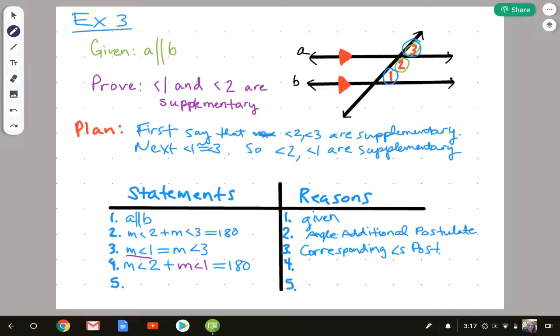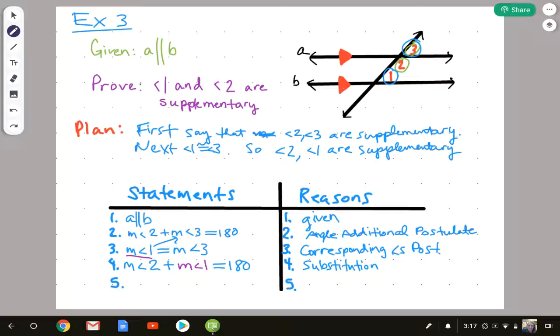So all I did was take measure of angle 1 and put it in place of measure of angle 3. So that's my substitution. And this time you can't use transitive because you're actually taking what measure of angle 3 is equal to and putting it into a different equation.